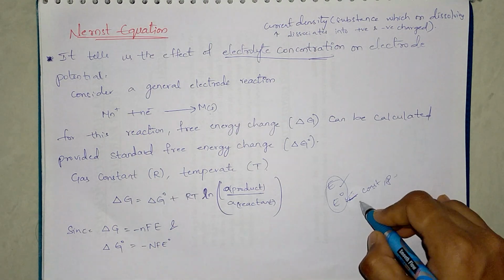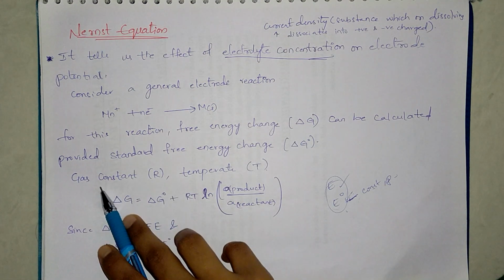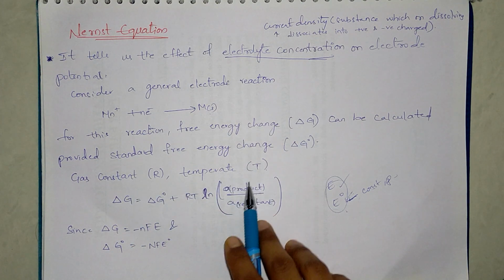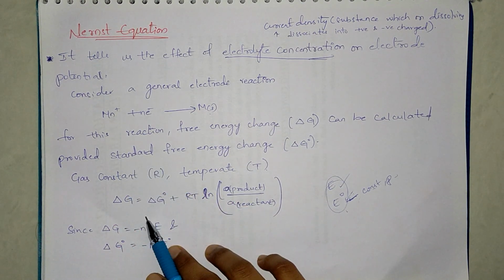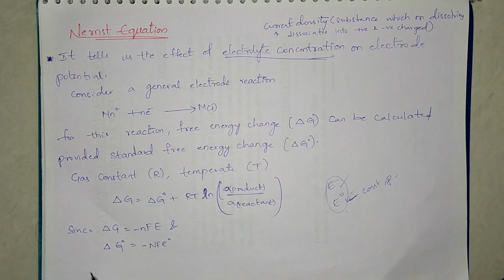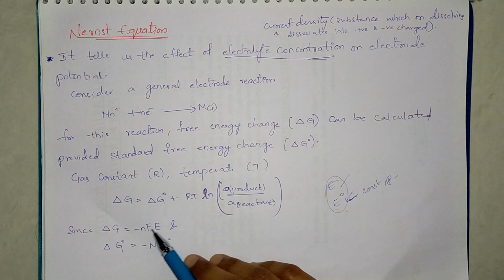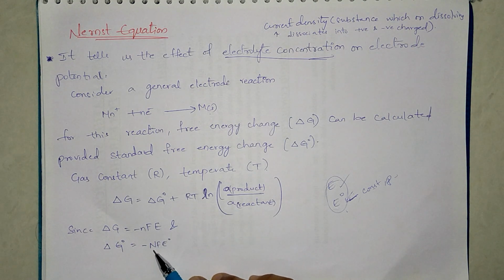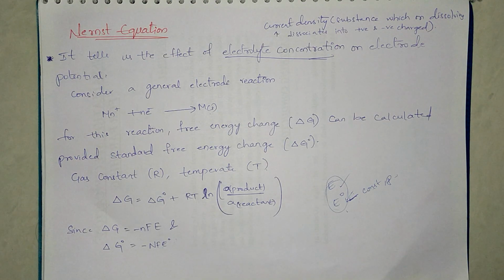So delta G naught is at gas constant R and standard temperature T. We also know that delta G means the energy which is released, so we take it as minus nFE, and for delta G naught we take minus nFE naught. Only this difference between electrode potential and standard electrode potential is there.